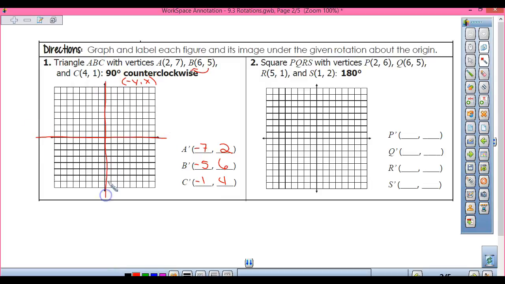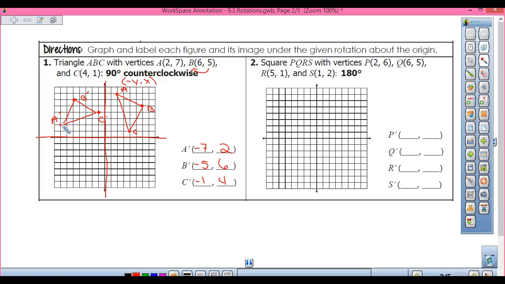So if we graph these, (2, 7) is A, (6, 5) is B, and (4, 1) is C. When we rotate this counterclockwise 90 degrees, we end up with (negative 7, 2) is A prime, (negative 5, 6) is B prime, (negative 1, 4) is C prime. Portable? It's all about following the rules.